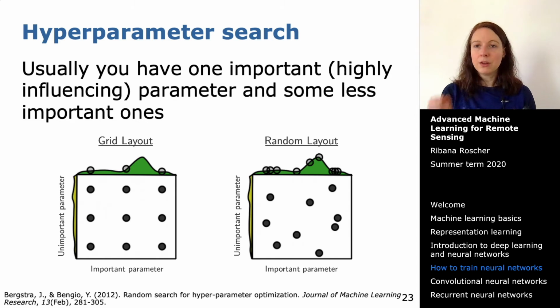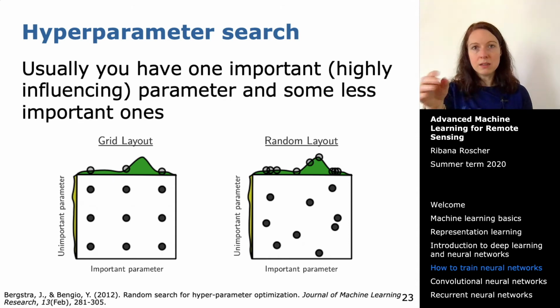and then you determine the loss function value for it. So on the left side, you see it when you do it in a very structured way, that means in a grid. And on the right side, you see it when you do it randomly. This yellow area and the assigned curve is the loss function value distribution of the unimportant parameter, and the green area, the green curve, is the loss function value distribution of the important hyperparameter.